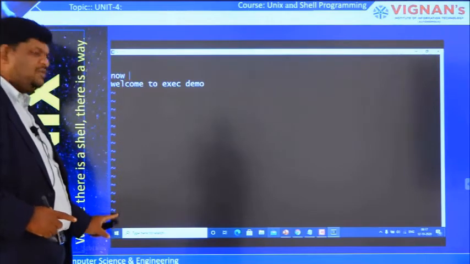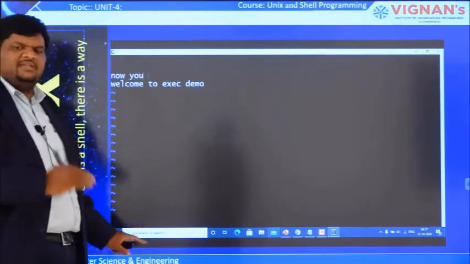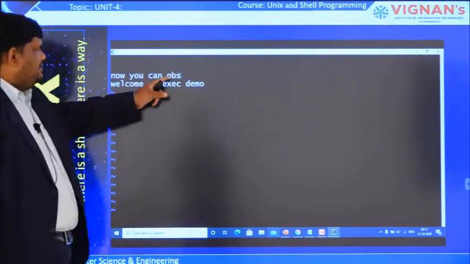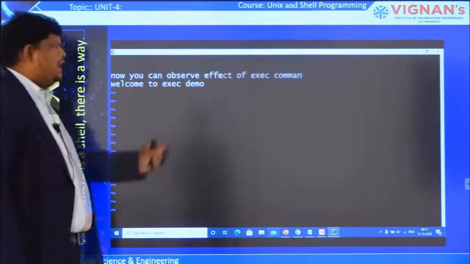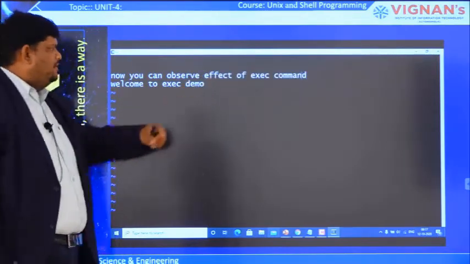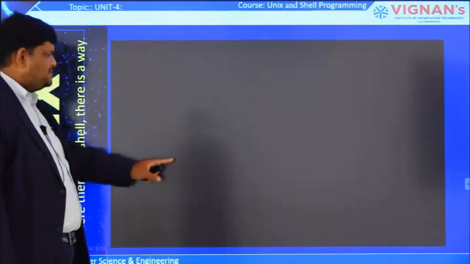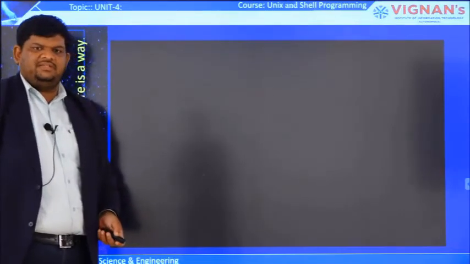If you type :wq here, it will exit from the entire shell. So that is the meaning of the exec command. So here I am adding some text, and after that :wq. After providing some text, :wq, save and exit, it will come out from the entire session. So that is the meaning of the exec command.